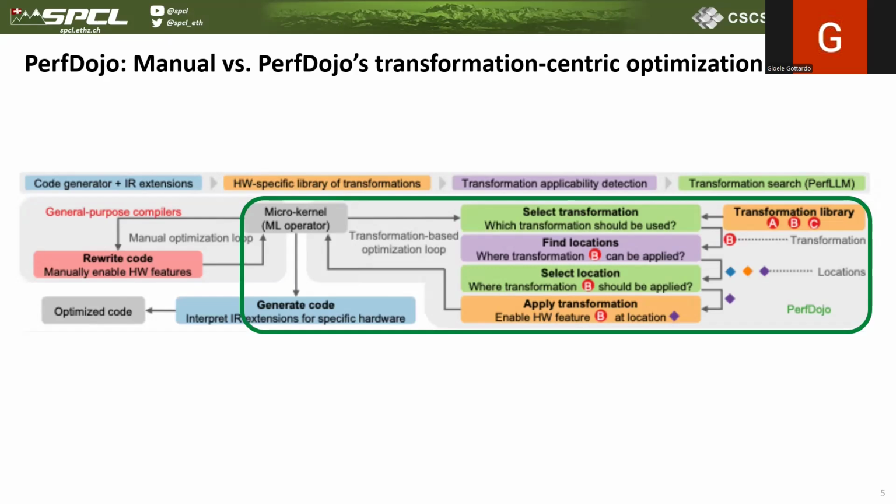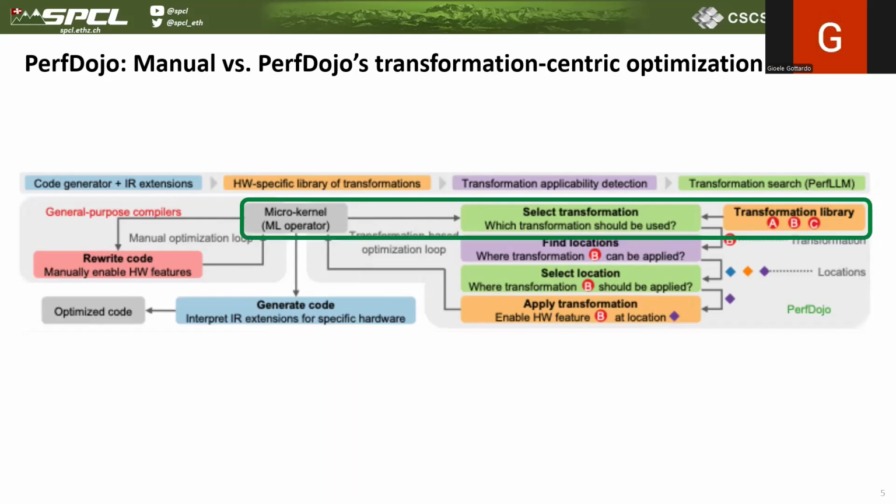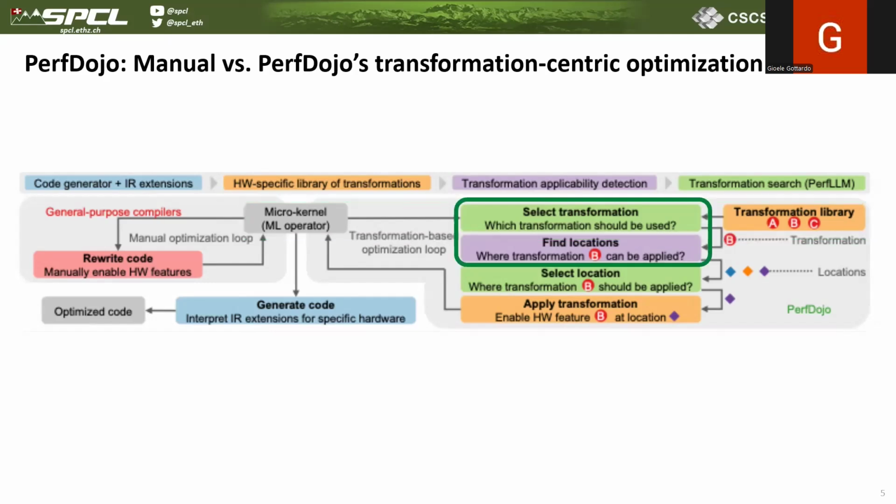So in PerfDojo, we provide a library of transformations that can possibly provide benefits to a given kernel. And the user is tasked to select the transformation that they want to apply. Once the selection has been made, PerfDojo will find a set of locations where the transformation can be applied without breaking correctness.